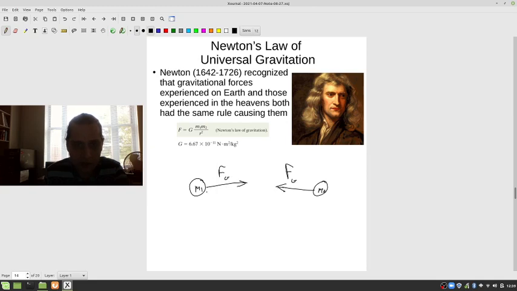And what does it depend on? Well, the force depends on some number G times the first mass times the second mass over the distance between the two squared. So there's your R, and G is some number that is small.